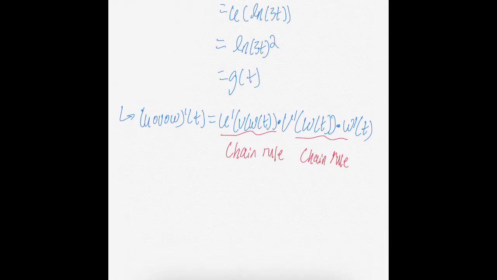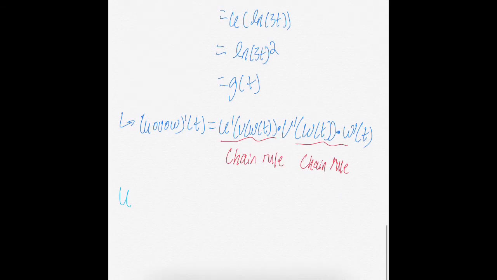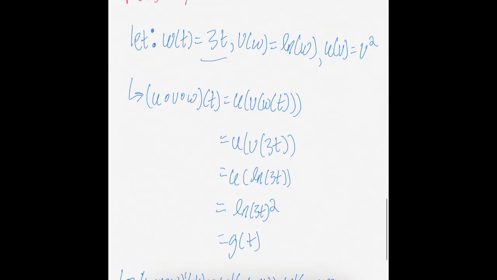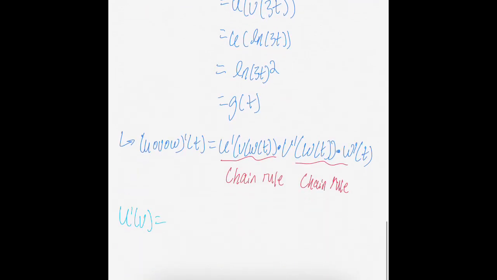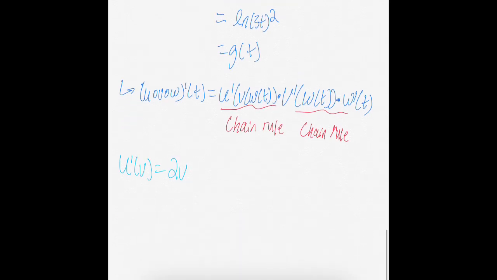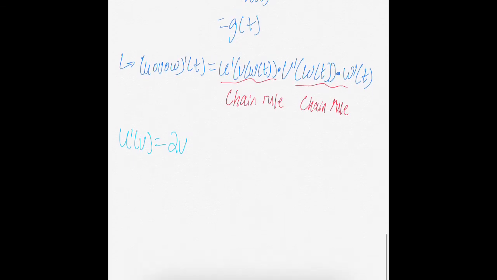So let's go ahead and compute u prime, v prime, and w prime. Let me also say that if you see this more quickly and you're able to go through and do this without explicitly writing everything out, by all means, please feel free to do that. I'm going slowly so that I hope everybody can see where everything is coming from.